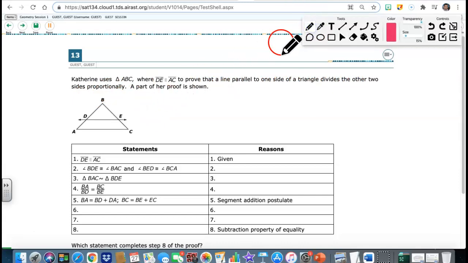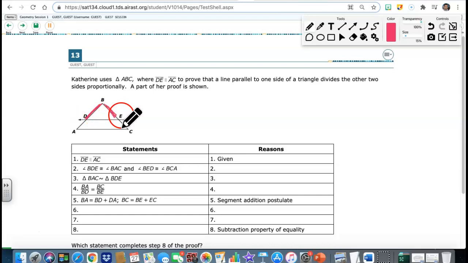So what they want right now is to prove that this side is proportional to the little one, and this side is proportional to the other one. They're saying this parallel line divides the whole line proportionally: a line parallel to one side of a triangle divides the other two sides proportionally.